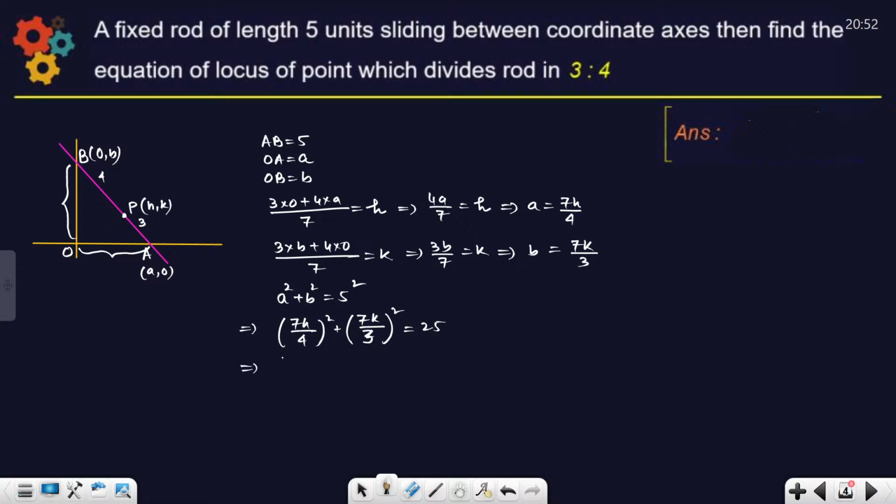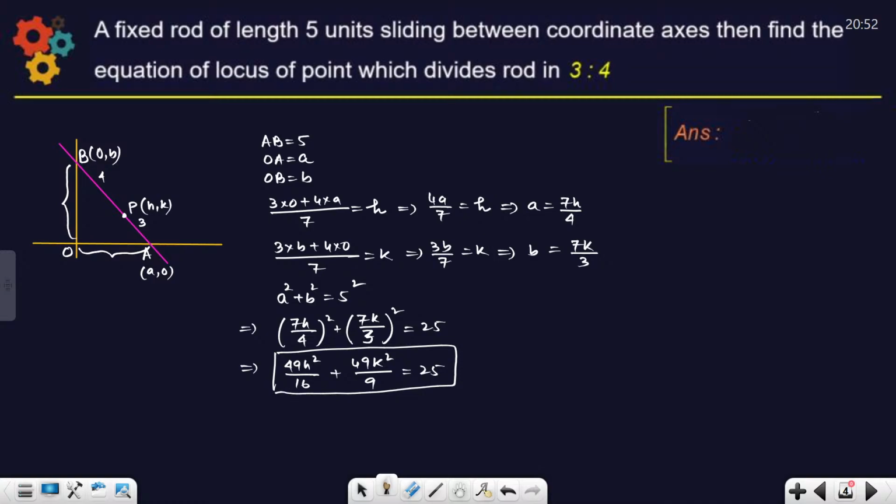So we are getting 7 square, which is 49, so 49h square over 16 plus 49k square over 9 is equal to 25. So this is the equation of the locus.